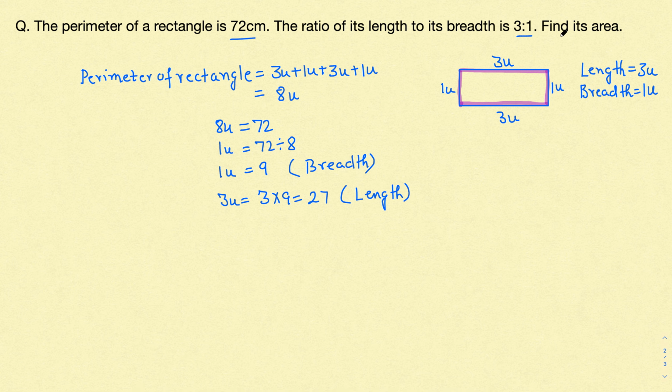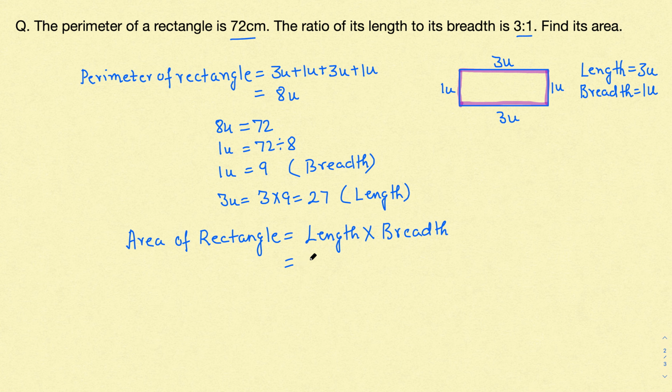Now our question is find its area. That means what's the area of the rectangle? So what is the formula for the area of a rectangle? This you must have studied in primary 4. The formula is length times breadth. It's always good practice to write the formula.